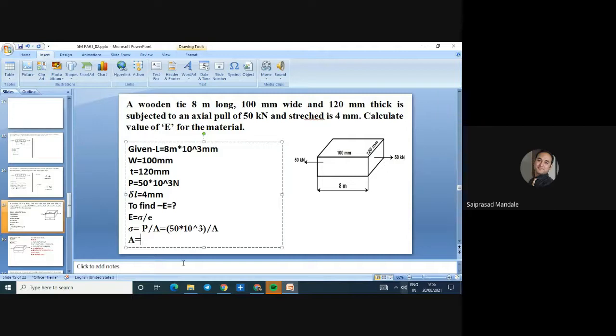So we have to calculate W into T. W into T is equals to 100 into 120, so it is 12,000 mm square. Okay, right now we have area, we know the force, so we can easily identify the value of sigma. You can easily do it. Okay, leave it as it is.